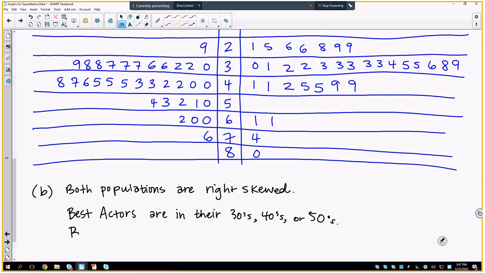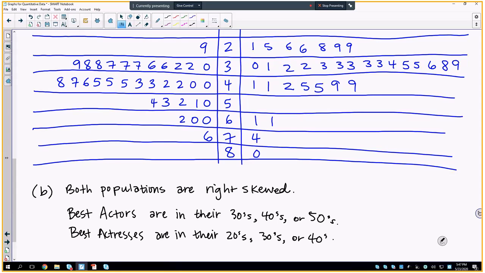Whereas best actresses are in their 20s, 30s, or 40s.